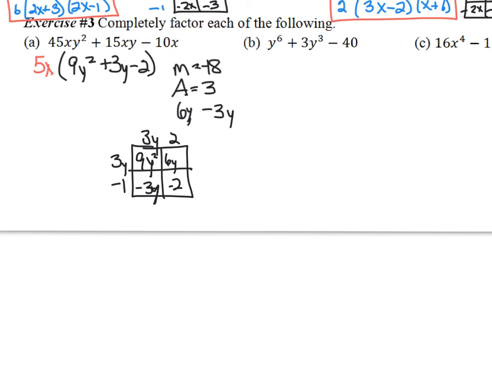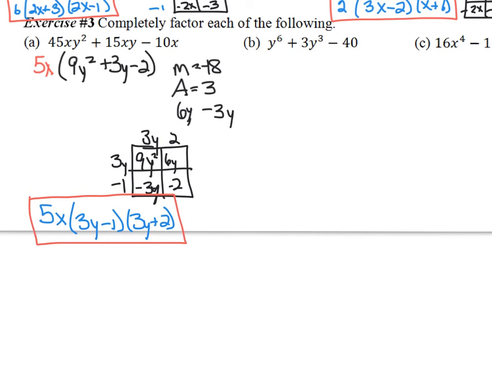Second column, 2. So here are my factors. 5x multiplied by 3y minus 1 times 3y plus 2. And again, looking at all of the factors in my answer, none of them can be factored any further.